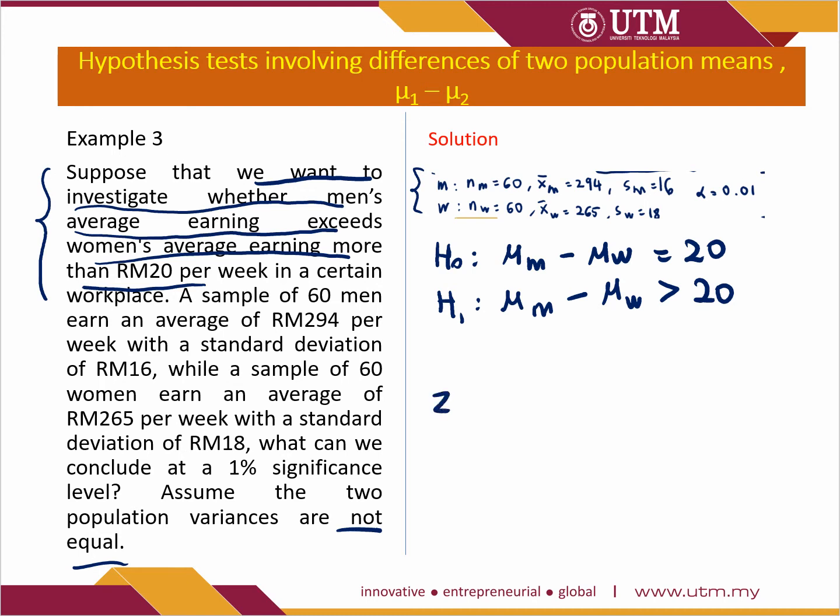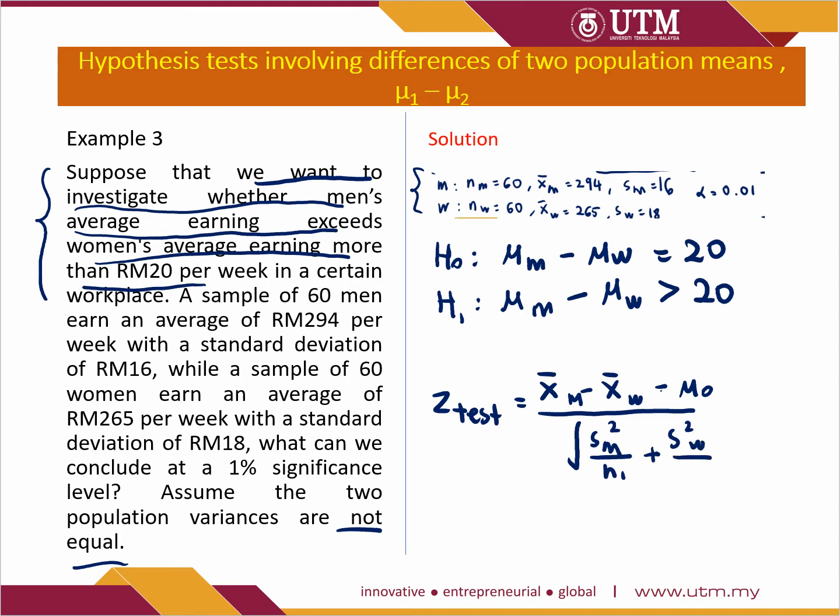Given that the z-test is equal to x bar 1 minus x bar 2, here men and women, minus mu naught, over S1 squared from men over N1 plus the variance from women over N2. So this is our formula for the z-test. I will write that the variance from men is not equal to the variance from women.